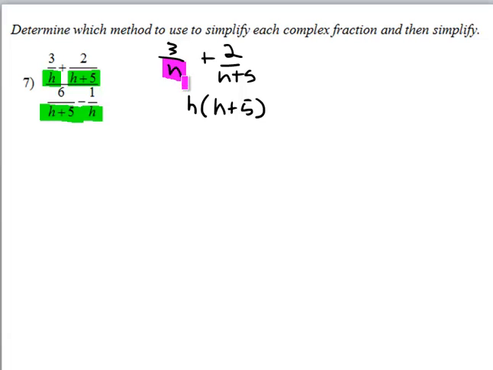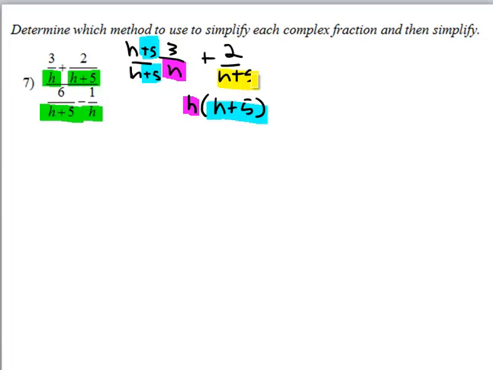And this one is there, so it's missing this one. So I'm going to multiply this side by h plus 5 over h plus 5. And that's 1, so it doesn't really change the value.